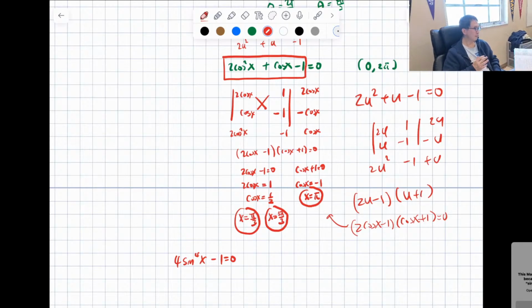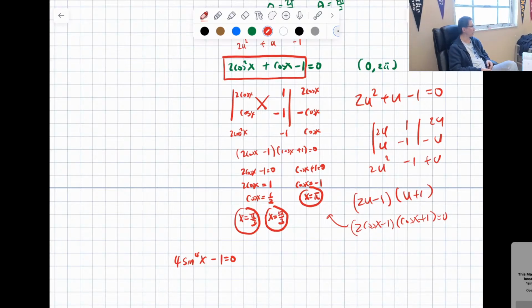I personally save u substitution for next year, when Calculus will be more useful. Does it matter which one you use? Either way, as long as you get an answer, I don't care. You cannot use a calculator to get an answer on your homework, but you can use a calculator to check your answers.